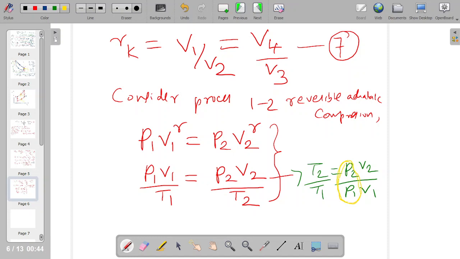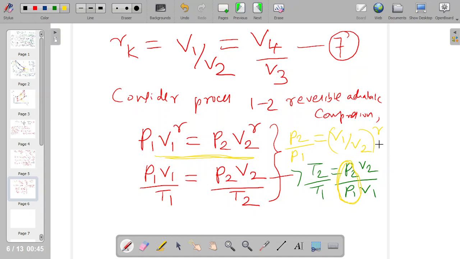So what is this P2 by P1? From the first equation we can write P2 by P1 equals V1 by V2 raised to gamma.